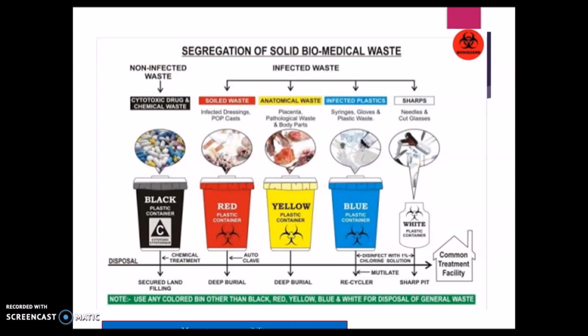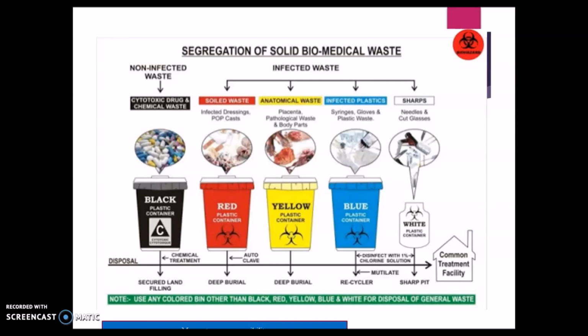Biomedical waste is again stored or collected according to its type, infected waste as well as non-infected waste. Infected waste again includes solid waste, that is anatomical waste, in yellow; infected plastics in blue; and sharp edges in white.